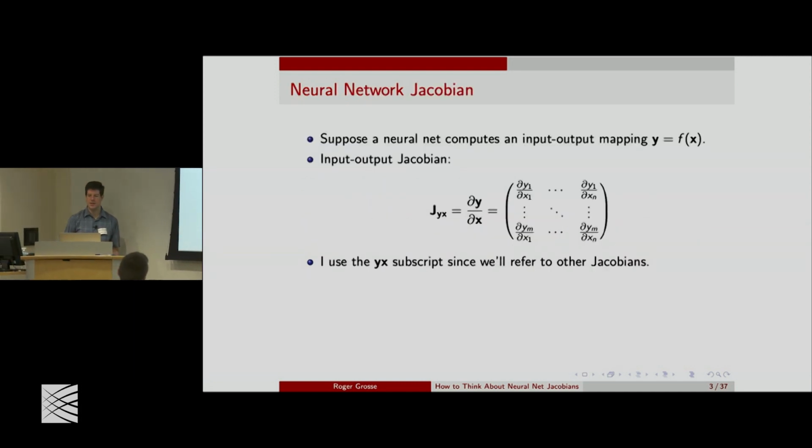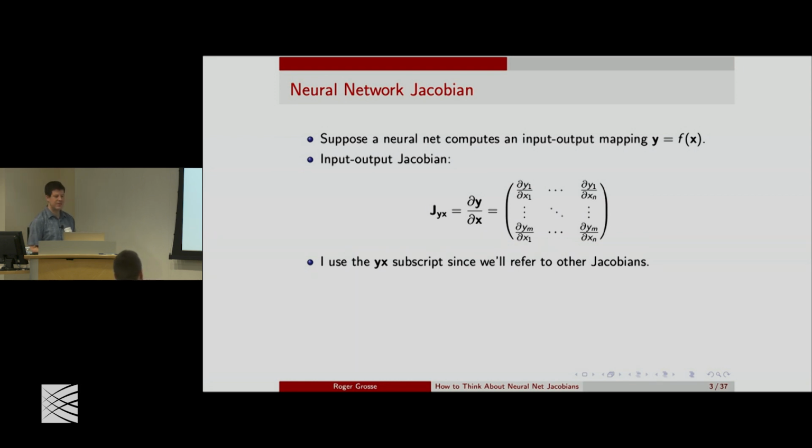So what is the Jacobian? This is just the Jacobian from calculus class. So if you have a neural net that computes an input-output mapping y equals f of x, so f is the function computed by the network, and if it's a regression problem, y could be a vector of scalar valued outputs. If you're trying to classify images, it could be a vector of probabilities that the network assigns the different object categories.